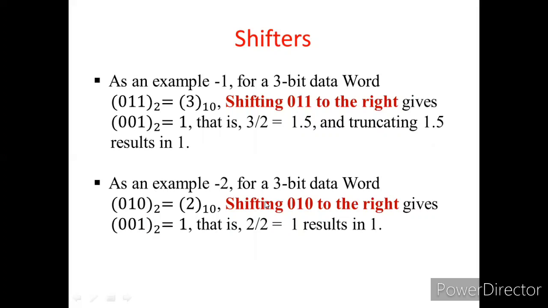Similarly, take another 3-bit example, an even number, 0, 1, 0, which is 2 in decimal. When we shift 0, 1, 0 to the right, it gives 0, 0, 1. That is, 2 divided by 2 is 1, a whole number with no remainder. So the remainder is just truncated, and in this even number we got a whole number result. So by shifting right, we are performing a division operation.